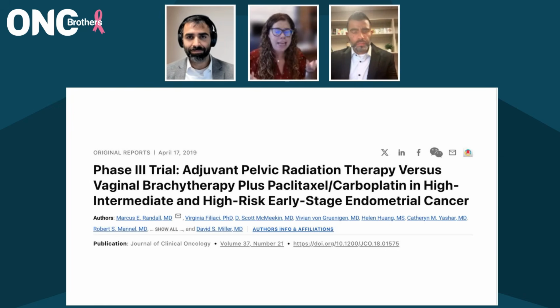It didn't find any benefit as far as survival for what we affectionately call cuff and chemo versus full pelvic radiotherapy. But surprisingly, at least to us, the full pelvic radiotherapy actually had fewer side effects than the cuff and chemo. I think we were all expecting the opposite. I will say that this is a discussion I have with the patients in clinic.